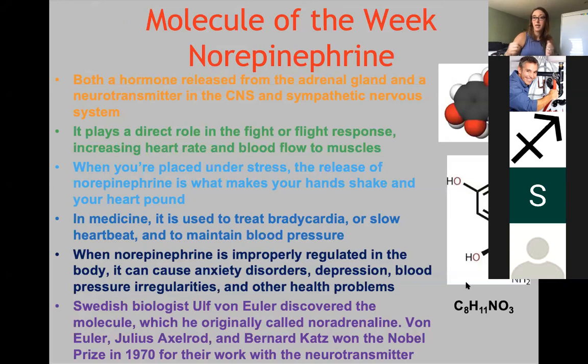Back in our caveman days, when we would have to decide whether we would fight in a stressful situation or flight, run away, right? It would provide our body the best chance of survival. Are you going to run from a bear or are you going to fight that bear? So it shunts blood to skeletal muscles.